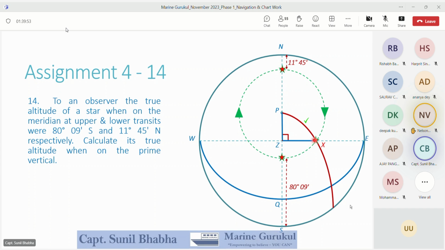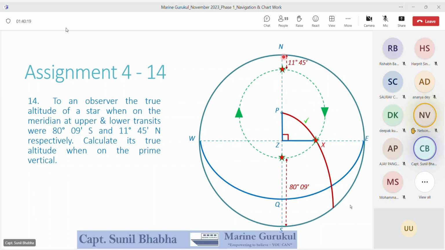Now, once the polar distance is known, you can follow the laser pointer on the screen. Pole to this particular star is the radius of this circle, which is the polar distance. Once it is known, we can add polar distance and 1145. When we add the polar distance and 1145, we get the value of NP.